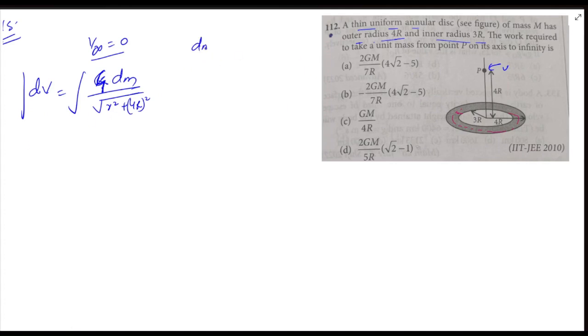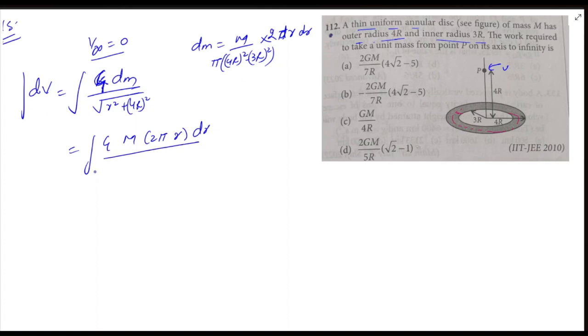So dm will be what? It will be M upon the area, which is pi (4R) square minus (3R) square, because the mass is distributed in this area, into dr, into 2 pi r. So we'll have G M 2 pi r dr upon 16 minus 9, so 7R square, and the root is r square plus 16R square.